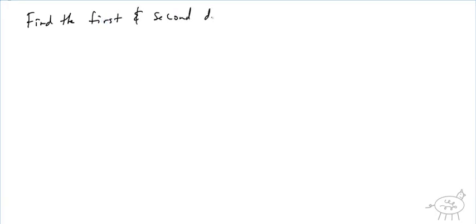All right, let's try another one here. I want you to find the first and second derivatives. And your function is y is equal to x to the negative 3 plus 2x to the negative 1 plus 5x cubed.